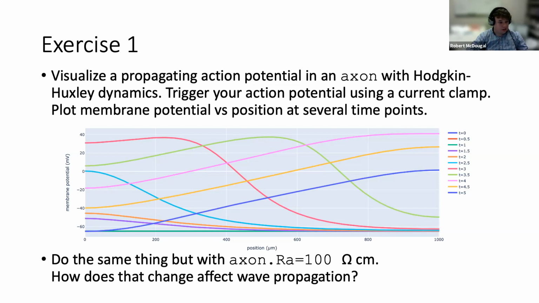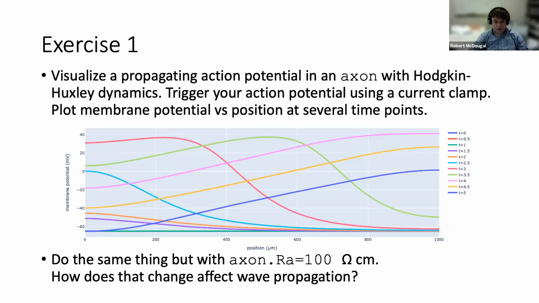For this exercise, I encourage you to make a plot of the membrane potential across space at several different time points. If you pick reasonable choices of axon size and current clamp injections, you ought to be able to visualize a propagating wave. This is what the membrane potential pattern looks like here, and this is what it looks like there. It's not going to look quite the same as membrane potential versus time, right? Time and position are different.